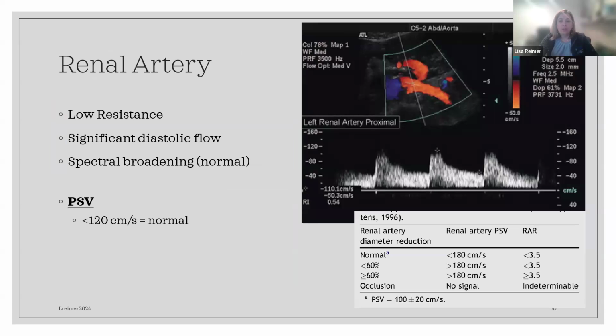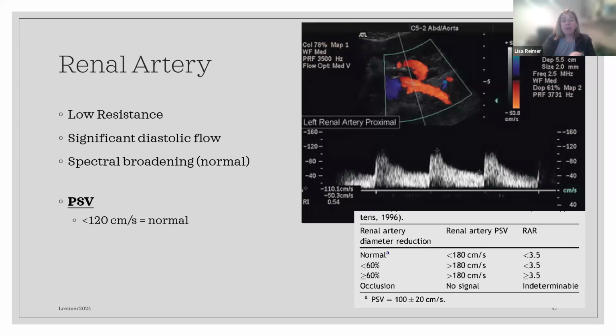The renal artery should be low resistance. So this kidney, if it's doing its job well, is filtering the blood constantly. So it is a vital organ. So we're going to see continuous flow throughout the cardiac cycle. That's low resistive waveform. So forward flow in systole, forward flow in diastole, as much as we can get through is great.